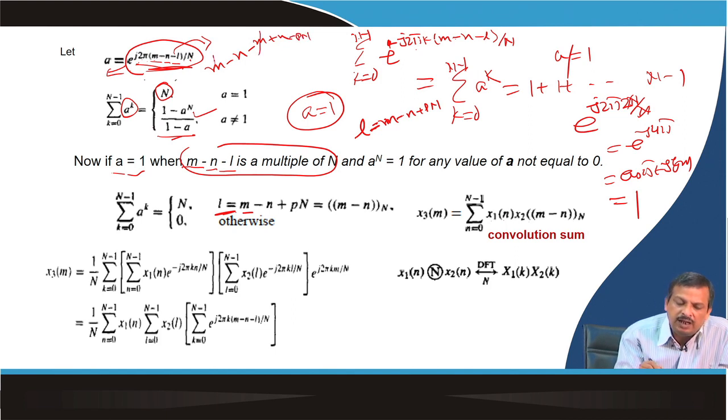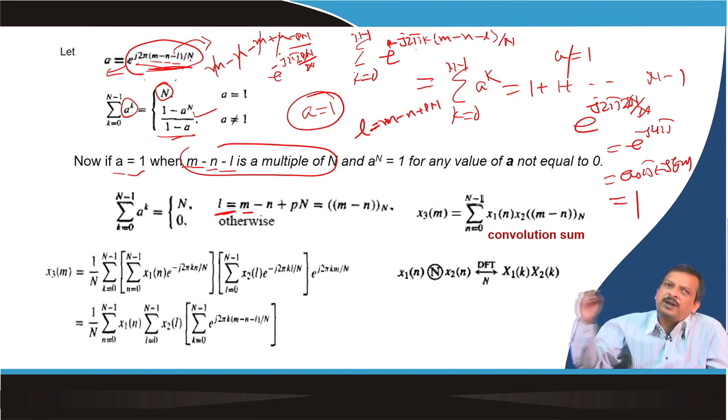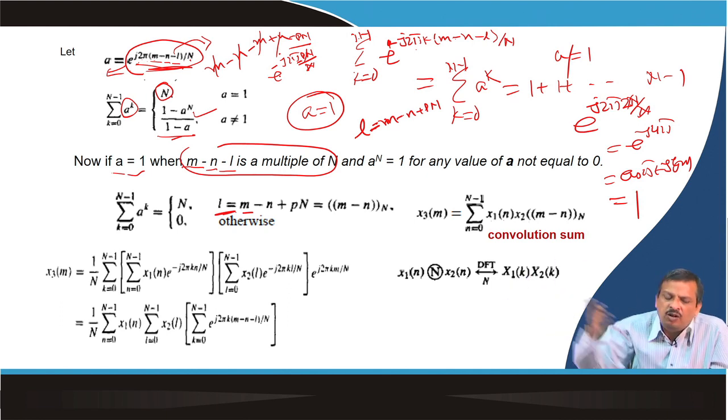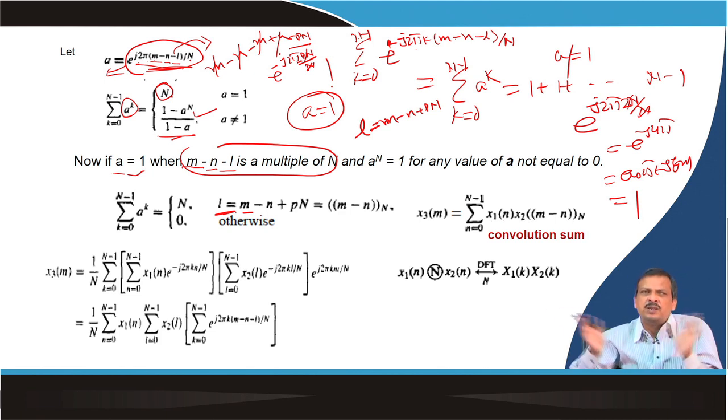So, I can say m cancel, n cancel, e to the power minus j 2 pi Pn, P is an integer, divided by n, so n cancel. So, e to the power minus j theta is also cos theta minus j sin theta. Sin theta is 0, so cos theta is equal to 1. So, whether it is negative, positive does not matter.